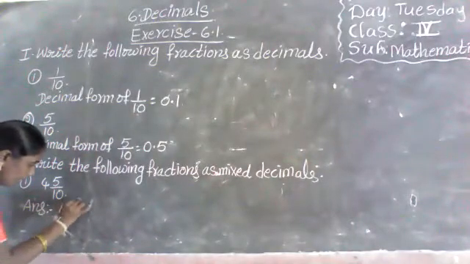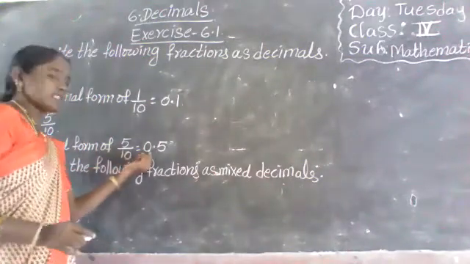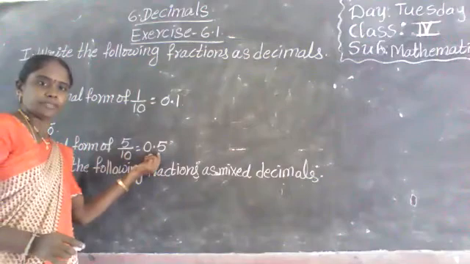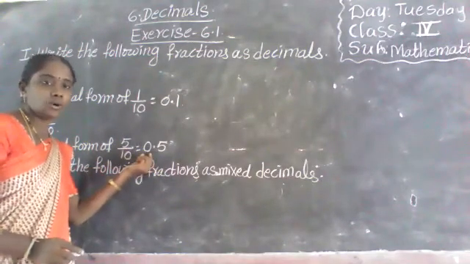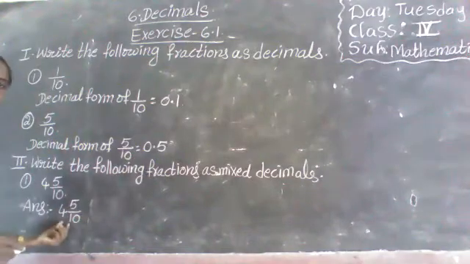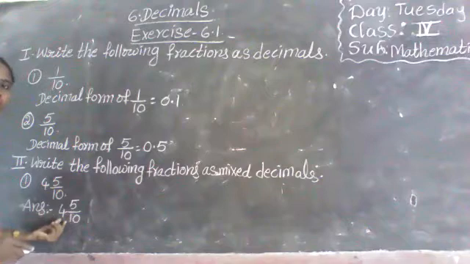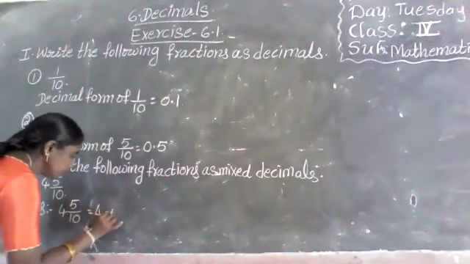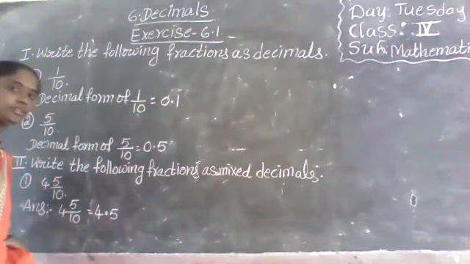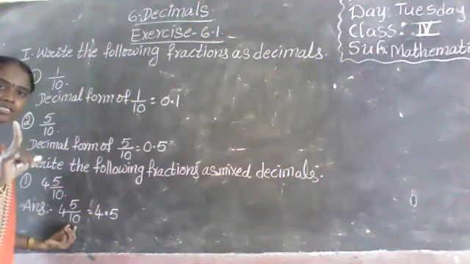Four whole 5 by 10. Here 5 by 10 equals 0.5, but here 0 is the whole number place. Next, here we have 4; in the 0 place we have to write 4. That is 4.5. Already we know in 10 how many zeros are there? One zero.